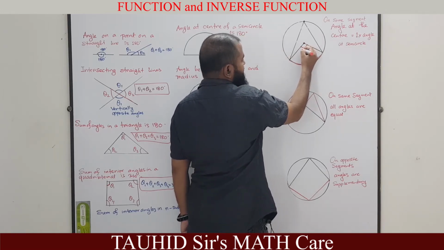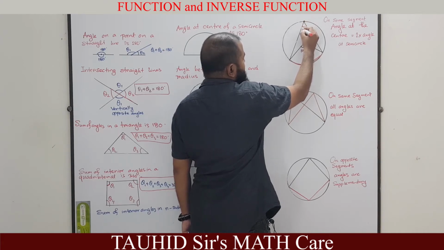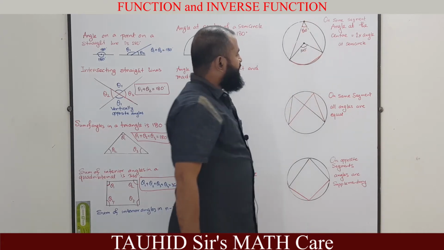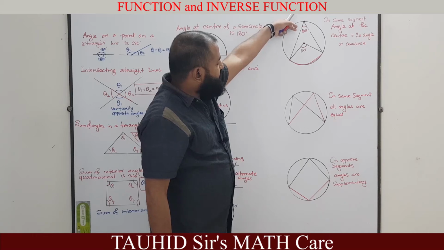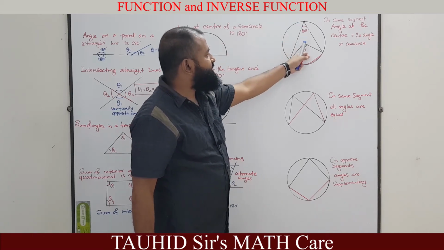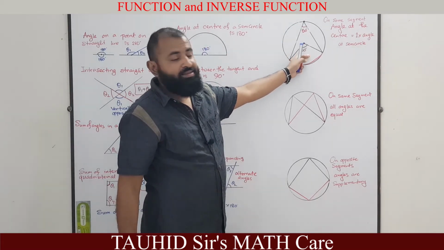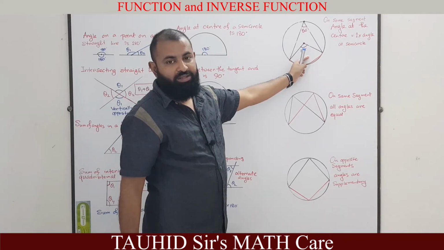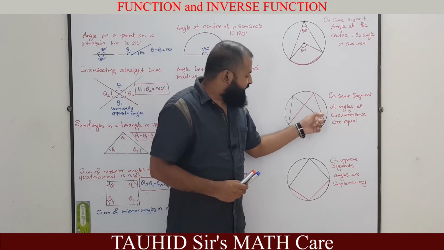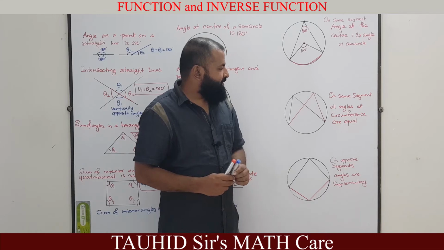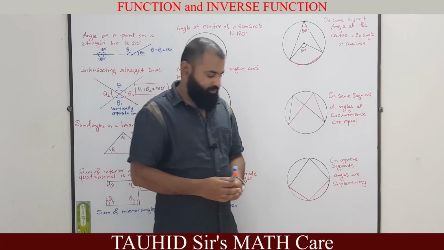If this angle is 100 degrees, this angle will be half of it, 50 degrees. Or in other words, if this angle is 50 degrees, this angle at the center will be double of it, that means 100 degrees.